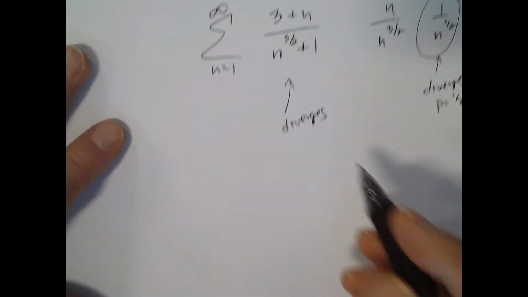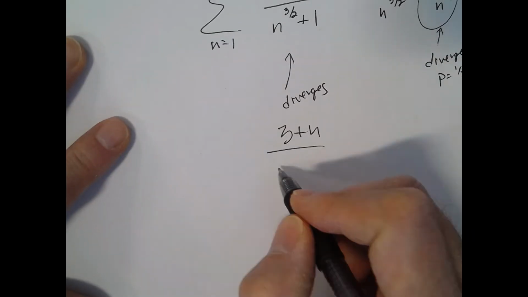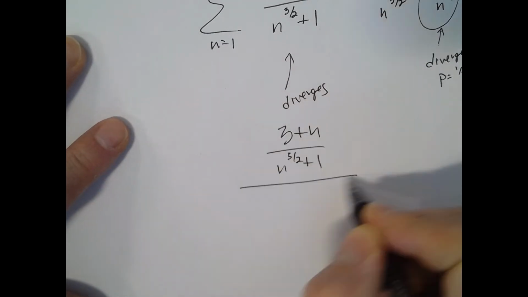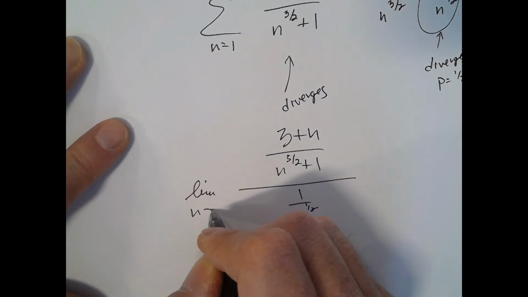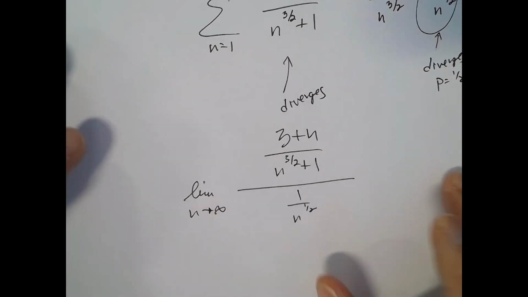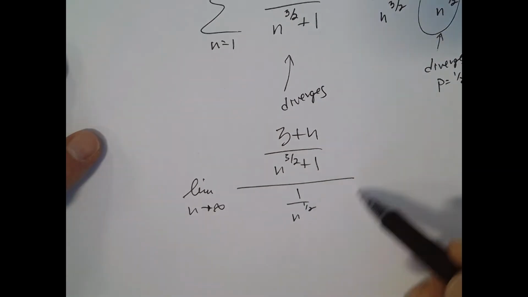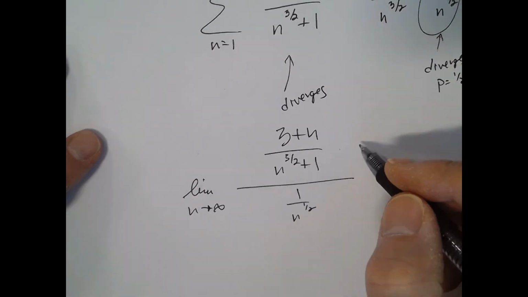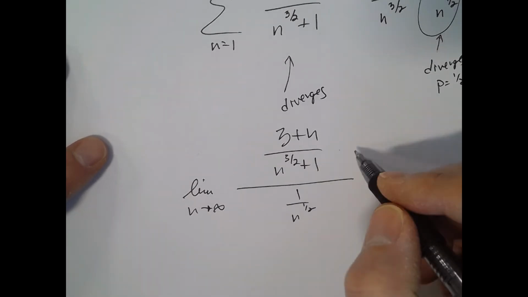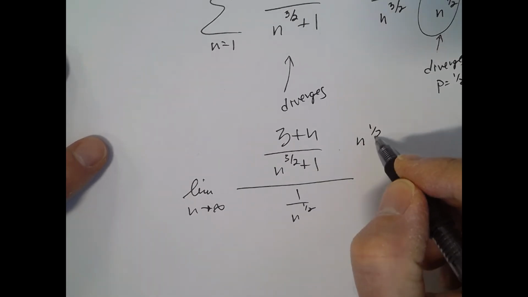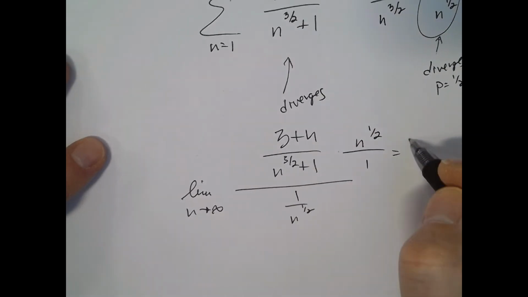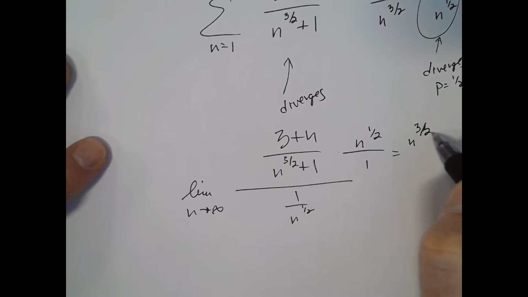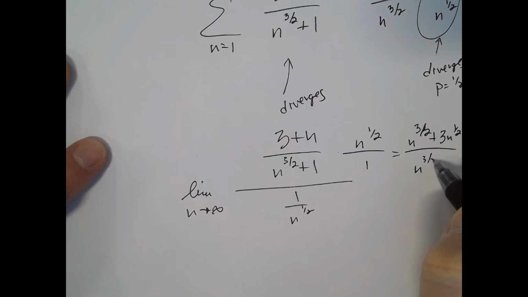You do one over the other and find the limit as n goes to infinity. Dividing is the same as multiplying by the reciprocal. I get n to the 3/2 plus 3 n to the 1/2 over n to the 3/2 plus 1.